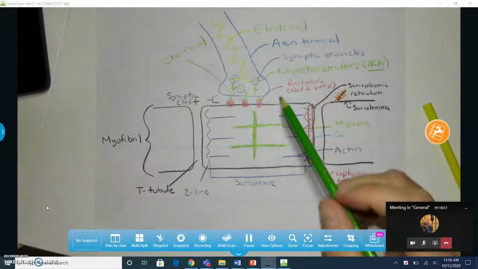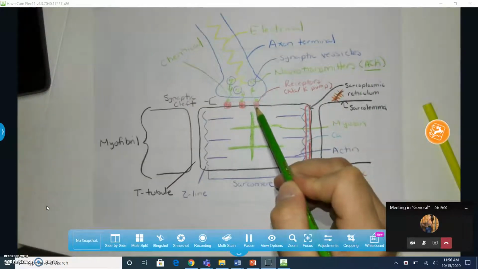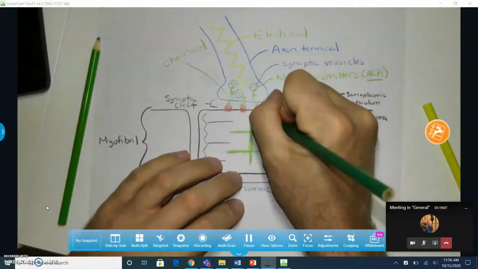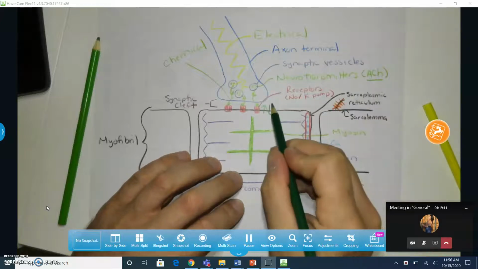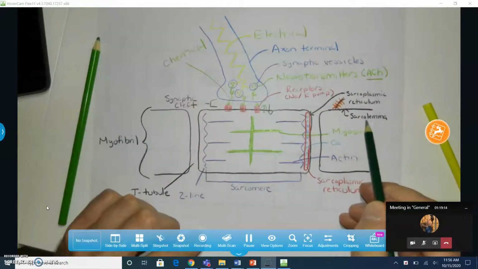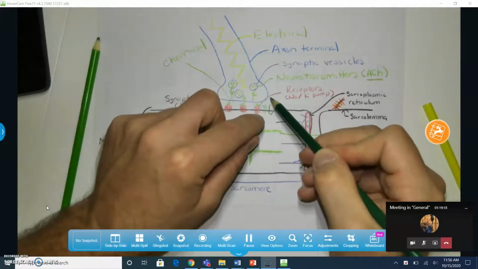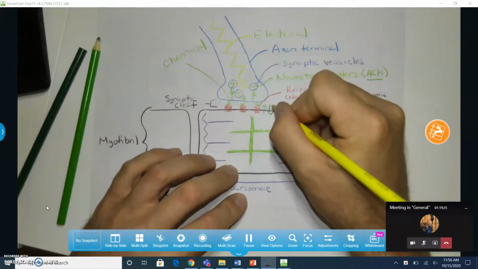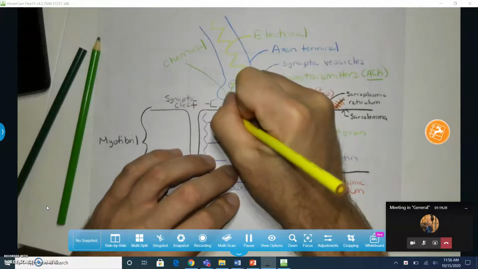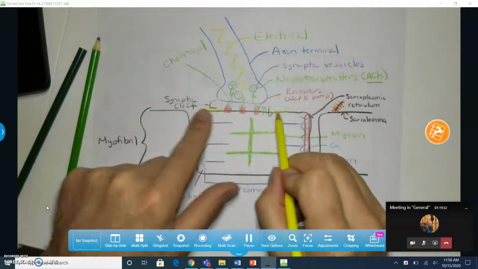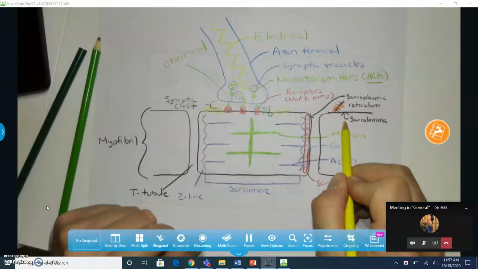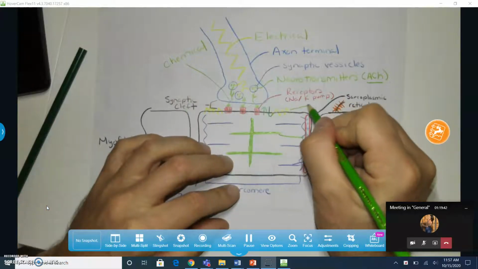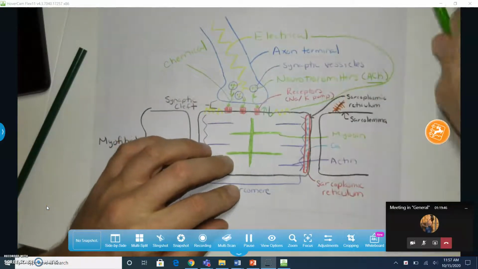Now what happens when acetylcholine attaches to these receptors, the sodium-potassium pumps, it causes sodium and potassium to be pumped in opposite directions across the sarcolemma, the cell membrane. When the sodium and potassium switch sides, that generates new electricity, a new impulse. And that impulse travels across the sarcolemma. At this point, our impulse is no longer chemical, it is back to electrical.